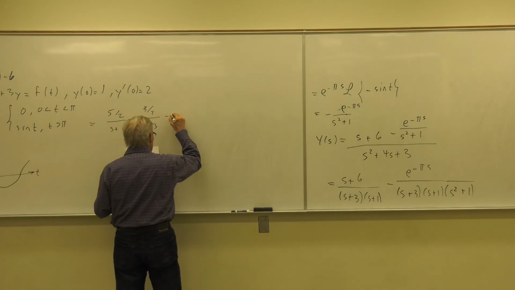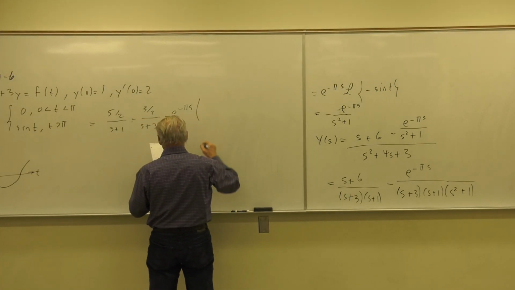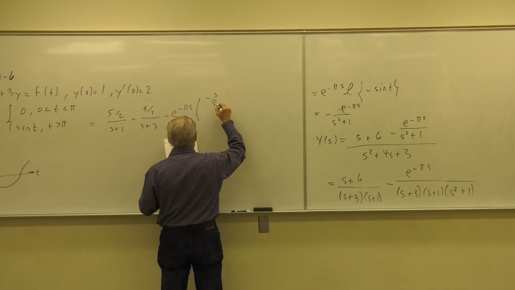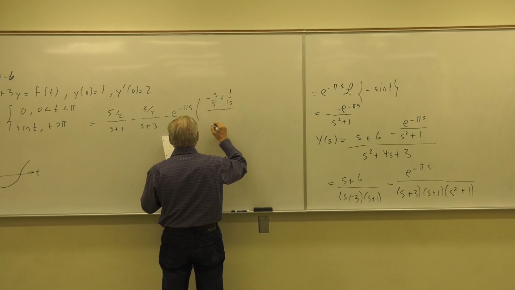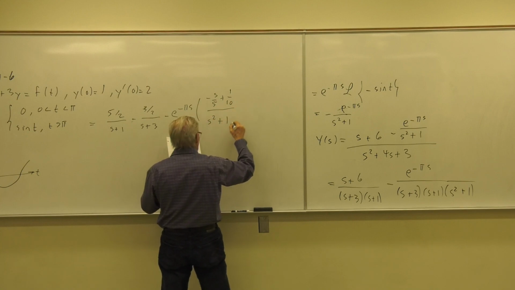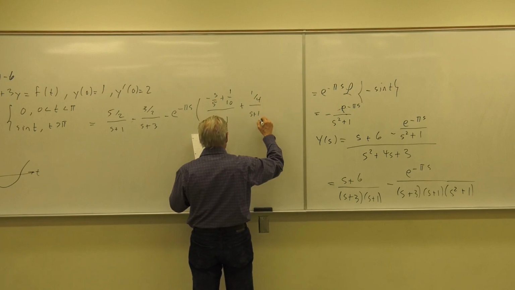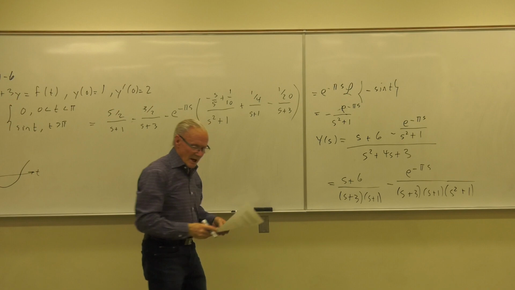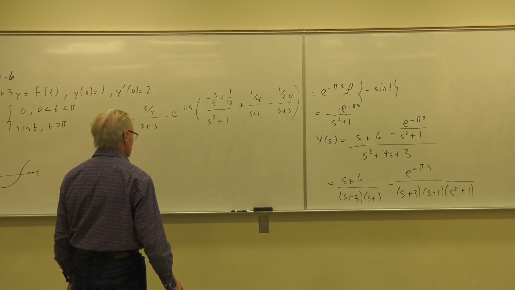And then I have minus e to the minus pi s, and the partial fraction decomposition: minus s over 5 plus 1 over 10 over s squared plus 1, plus 1 over 4 over s plus 1, minus 1 over 20 over s plus 3. That's what I have written down. So now we're prepared to invert.